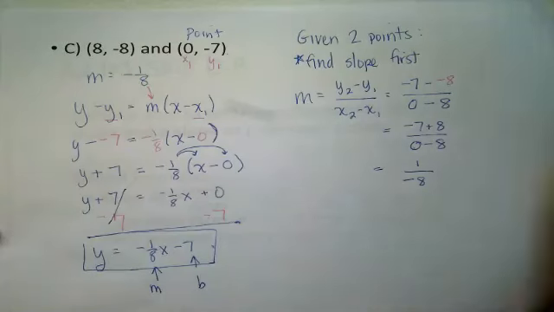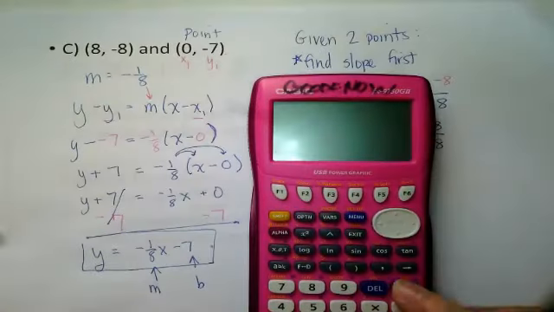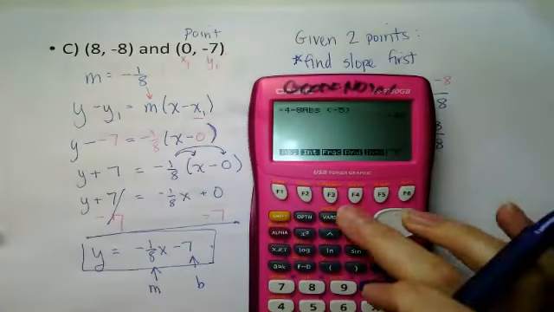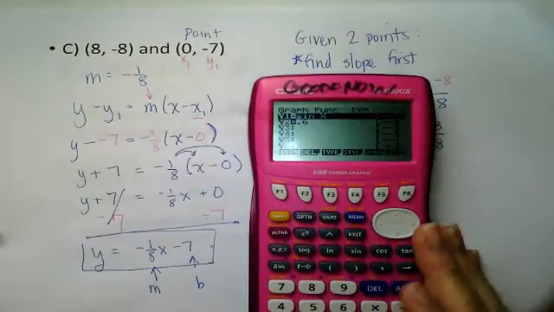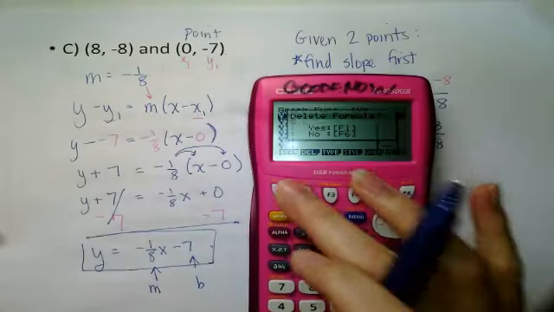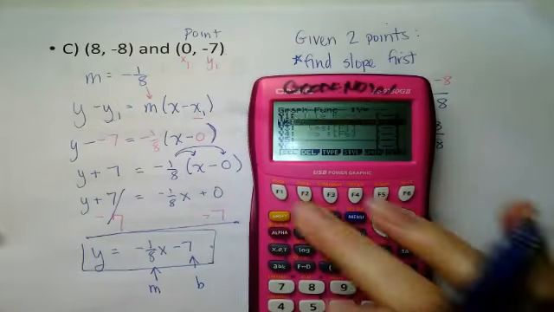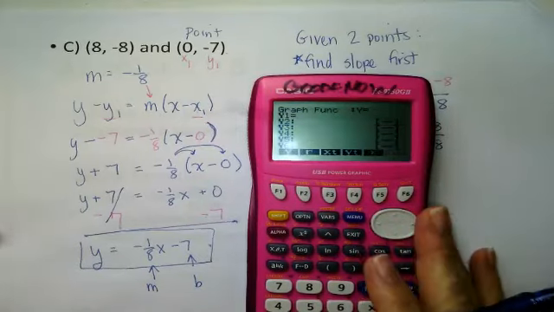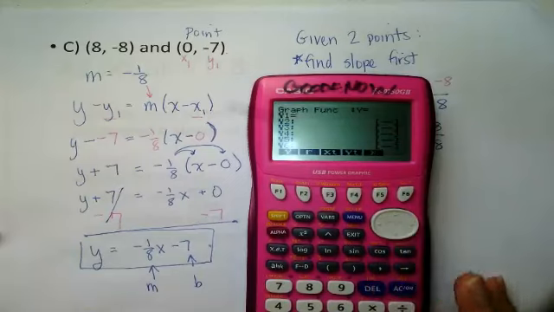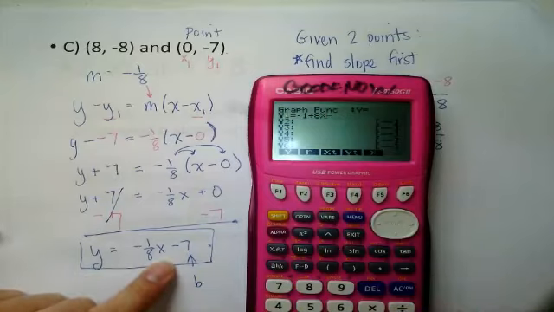And if I wanted to check this graph, I could really easily. I'm going to use my Casio this time. So I'm going to go to the menu and go to the graphing menu. I'm going to delete those equations that I've got in there. All right, and I'm going to go ahead and type in my negative 1/8 times my x minus 7.